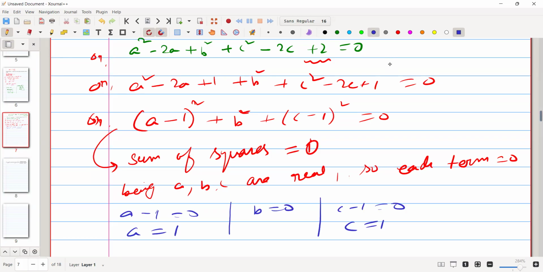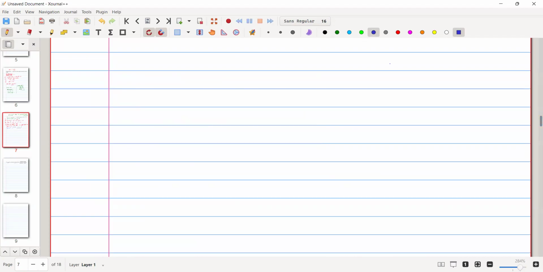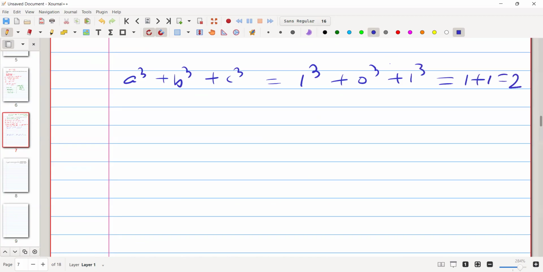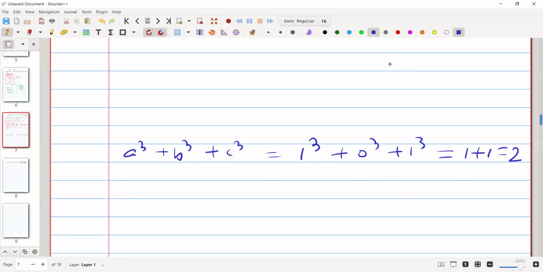So right now we can find the value of a cube plus b cube plus c cube, which is 1 cube plus 0 cube plus 1 cube. So 1 plus 1, that is equal to 2. 2 is the answer.